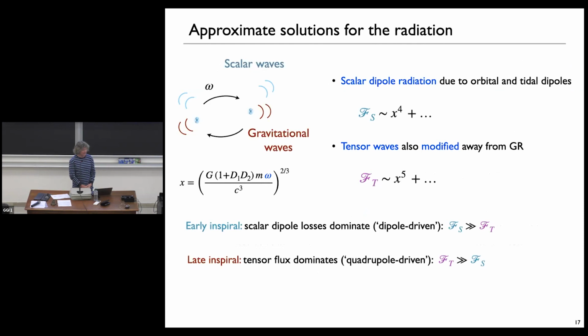Now the scalar radiation scales as x to the 4, where x is a frequency parameter, whereas the tensor waves scale as x to the 5. So they are higher powers of the frequency. So there is usually a regime early on in the inspiral where the evolution of the system is dominated by the scalar energy losses.